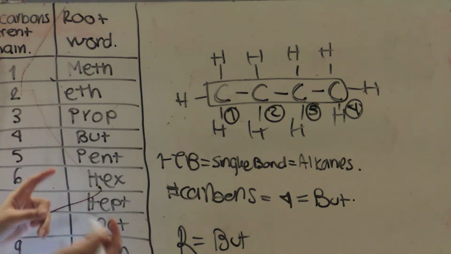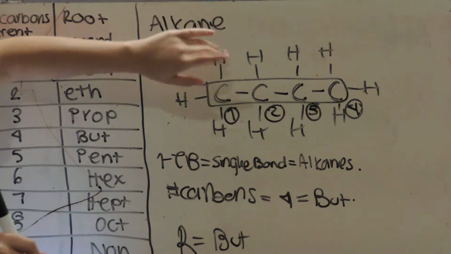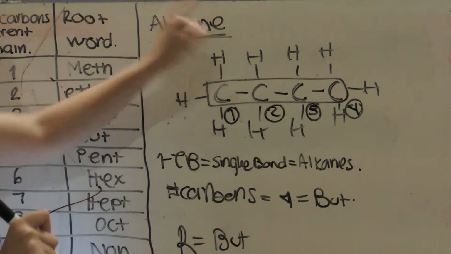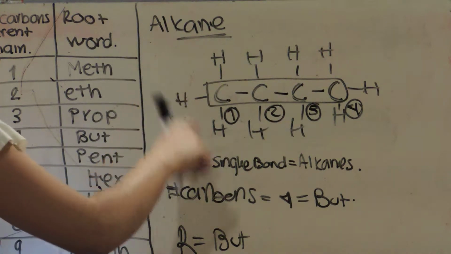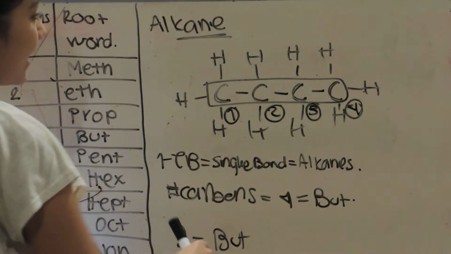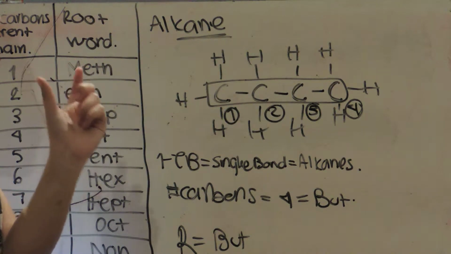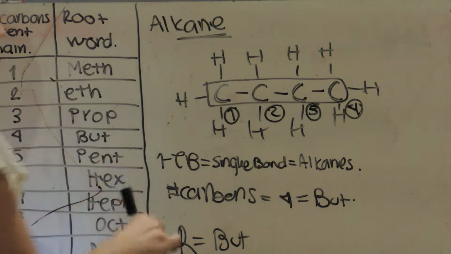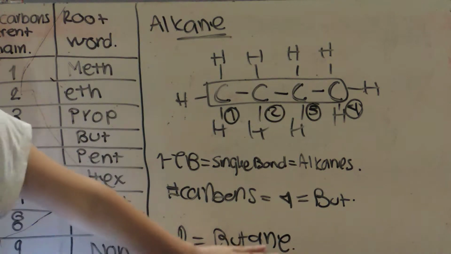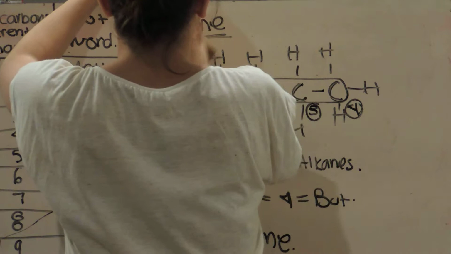How can we know that? When we have alkanes, we are going to use the last letters, ane. So, the result of this structure is the number of carbons in the parent chain and the set of letters that lets us know that it's an alkane. So as a result we have butane. Butane is this structure.